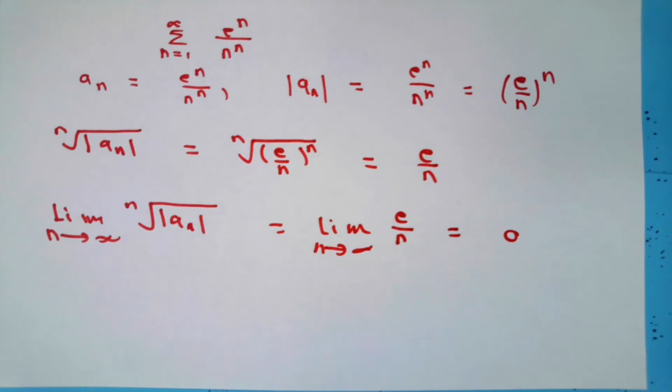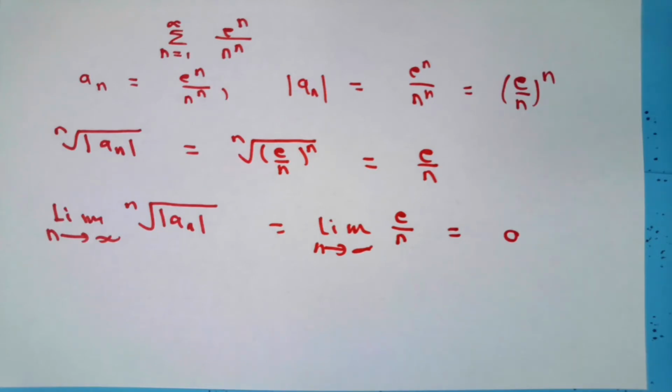The nth root of the absolute value of a_n is the nth root of the nth power of something, the something being e divided by n. The nth root of absolute a_n is e divided by n. If you take the limit of that as n tends to infinity, the number on the bottom of the fraction becomes indefinitely big.